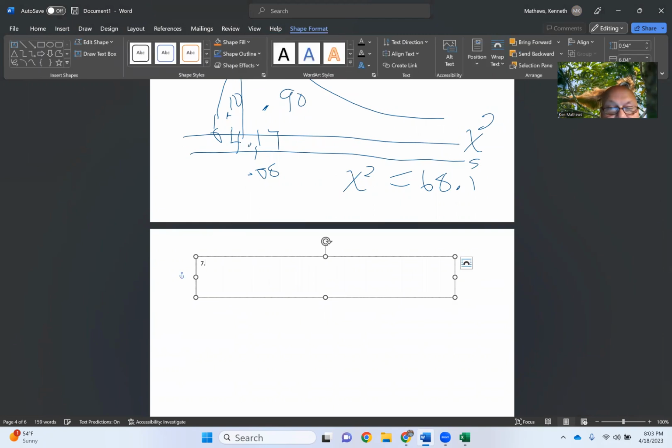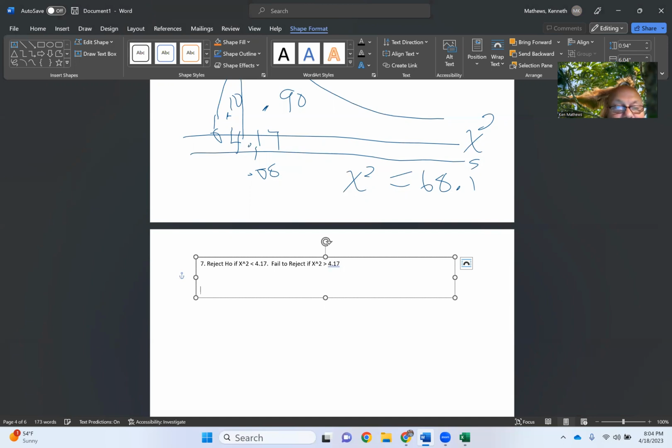So for number 7, we could say to reject the null hypothesis if chi-square is less than 4.17, and fail to reject if the chi-square is greater than 4.17.